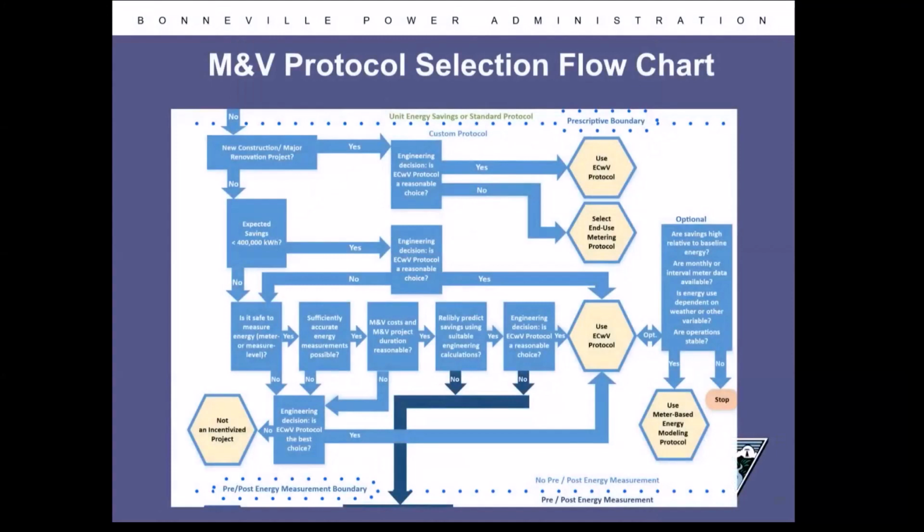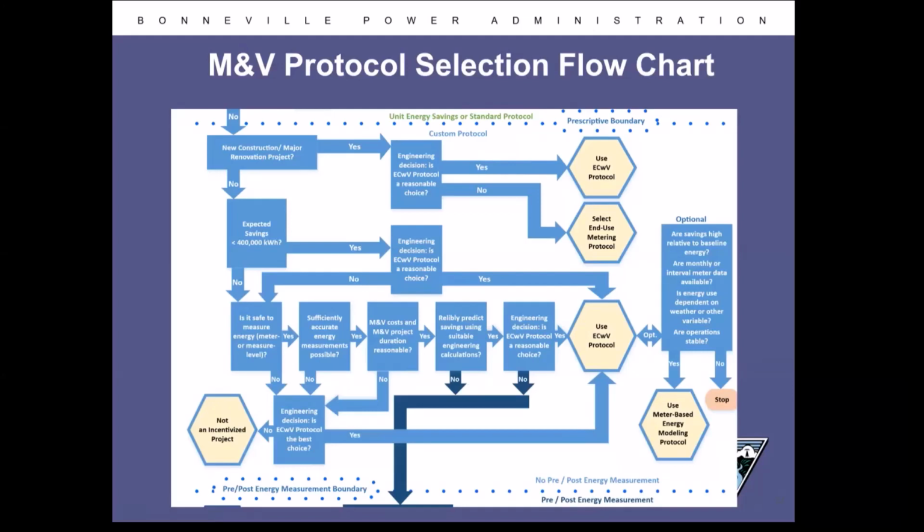Okay, so we're coming in on the upper left of the flowchart here. We've decided we don't have a unit energy savings or standard protocol measure. And the first question it asks is if you have a new construction project. And if you have a new construction project, it points you to the engineering calculations protocol, if that's reasonable.